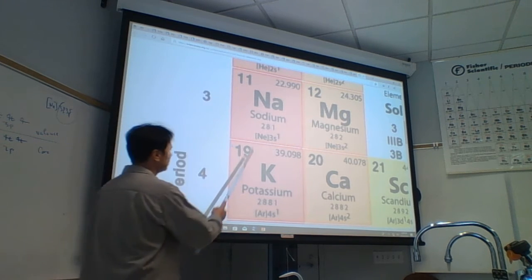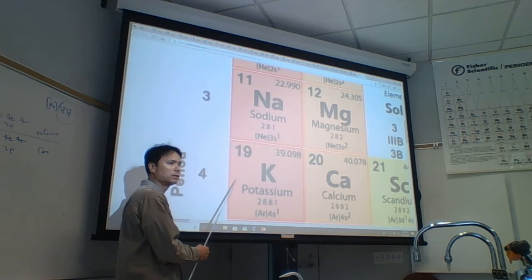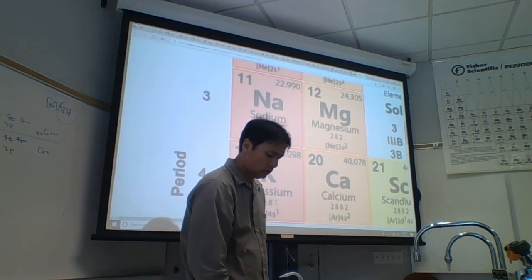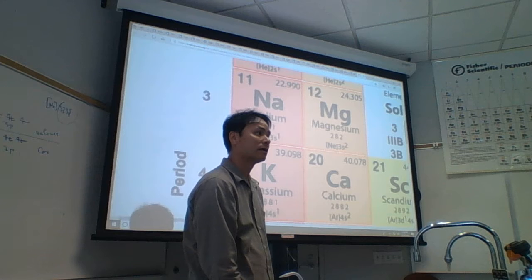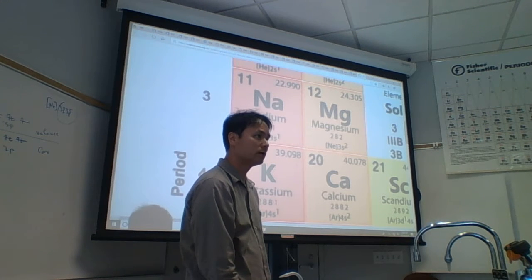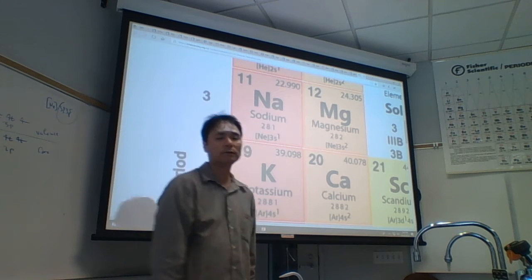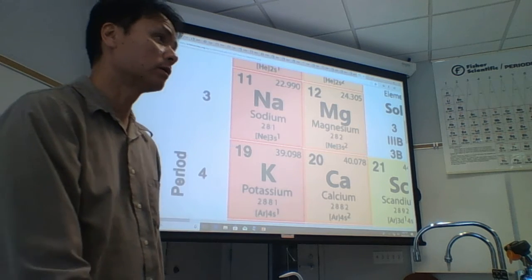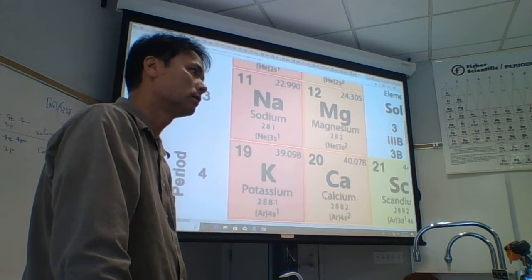So which one's bigger, sodium or potassium? Potassium's bigger. And so what does that mean? Which one's more reactive? The smaller sodium or the bigger potassium? Well, if you're thinking about chlorine and fluorine, fluorine's much more reactive because fluorine's smaller and wants the electrons more, right?